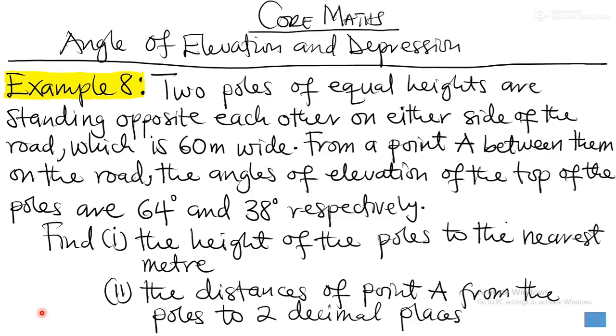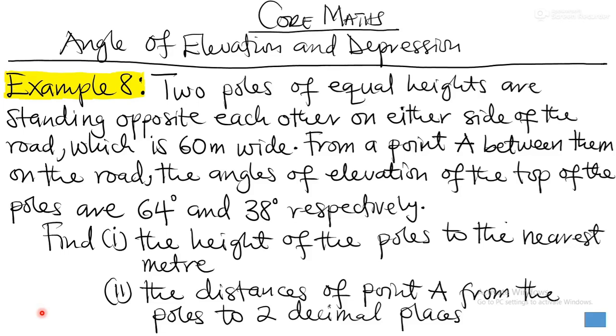Now let's read it again to enhance our understanding. Two poles of equal height are standing opposite each other on either side of the road, which is 60 meters wide. From a point A between them on the road, the angles of elevation of the top of the poles are 64 degrees and 38 degrees respectively.